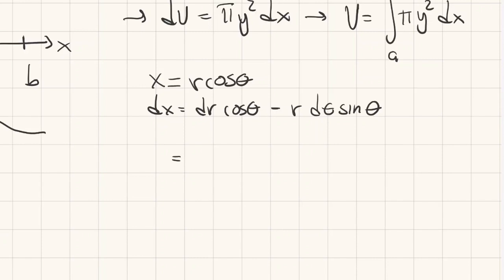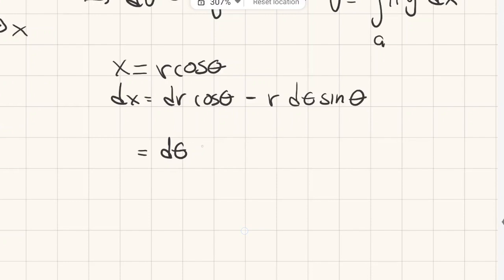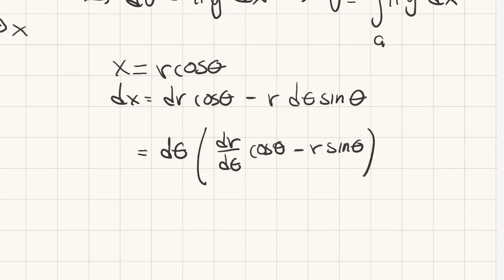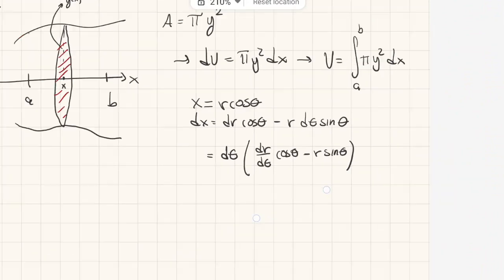We are just going to give the result for the integral of theta. So that means that we are going to factor d theta. But I think that will be a good exercise for you to see what formula we get if we factor dr, right? So this will be d theta times the derivative of r with respect to theta, cosine theta, minus r sine theta. Okay, so that is dx.